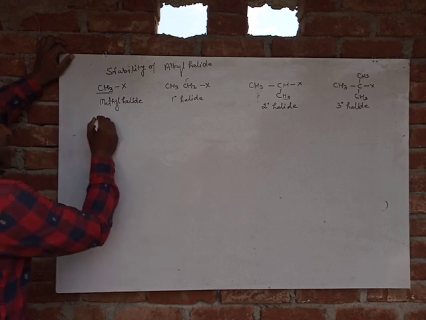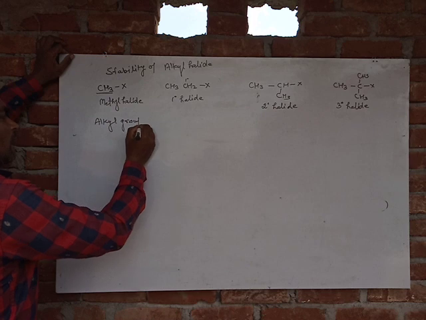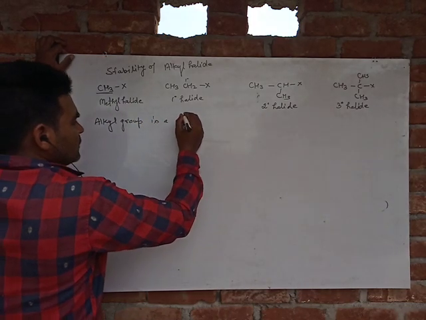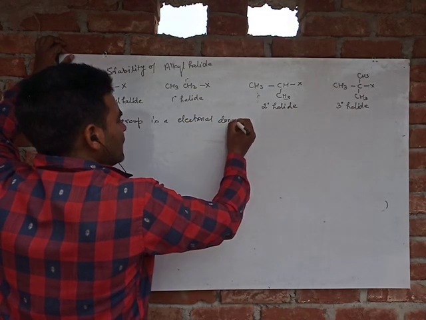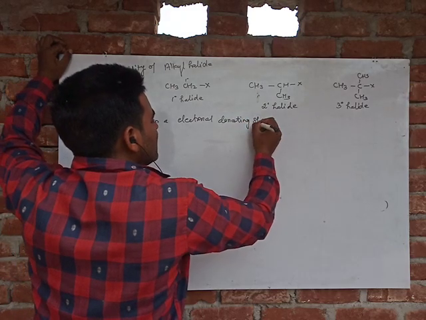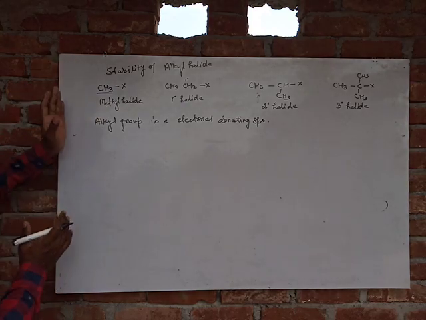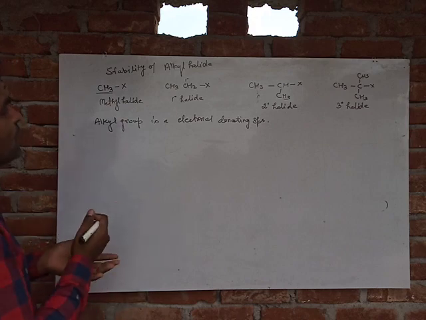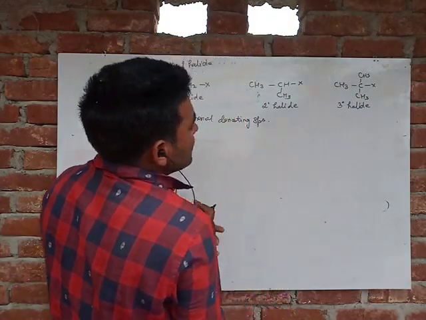We know that an alkyl group is an electron donating species. Electron donating means it supports electrons to the carbon atom to which it is bonded. Here we discuss the primary and tertiary halide.